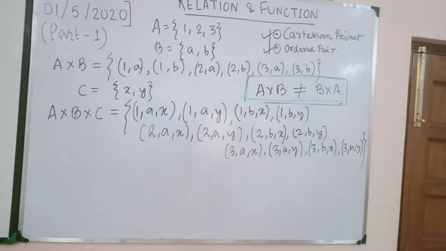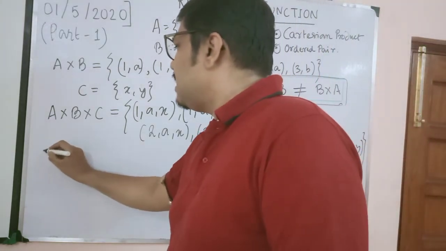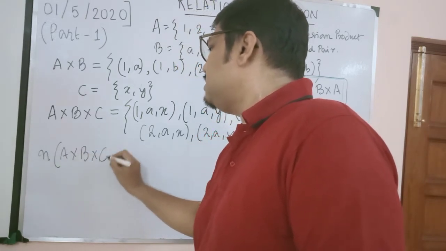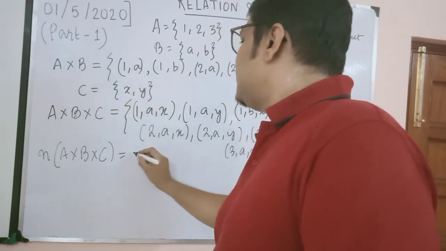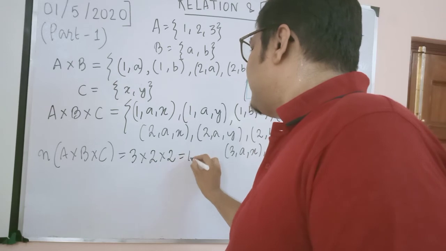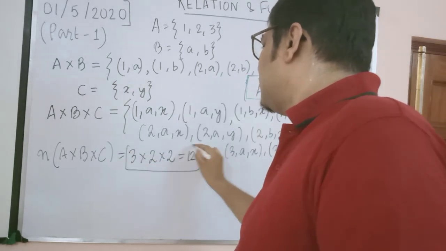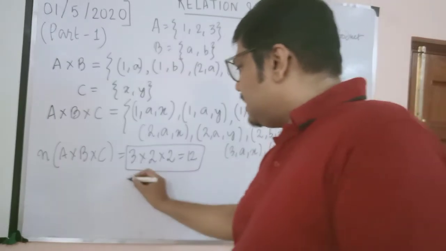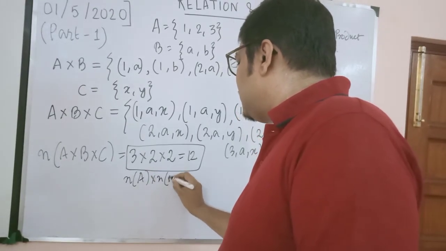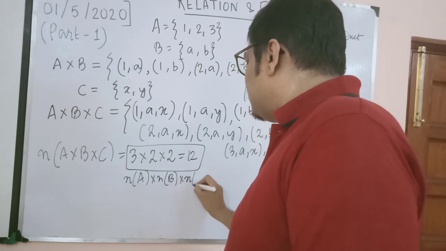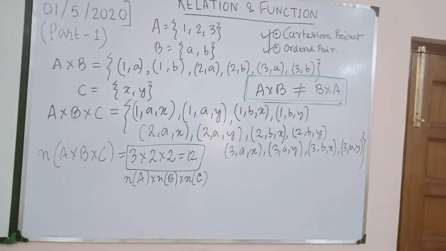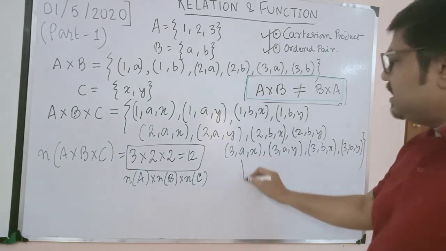So count please, how many elements will there be? The cardinality of A cross B cross C, if you try to find out, you will get 3 into 2 into 2, this is the 12 elements. It's actually the cardinality of A, then cardinality of B, and cardinality of C. So what are these called?